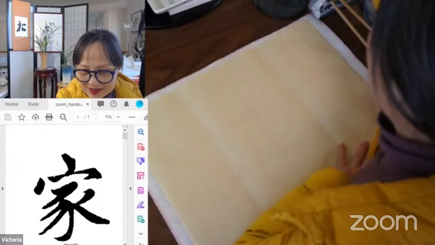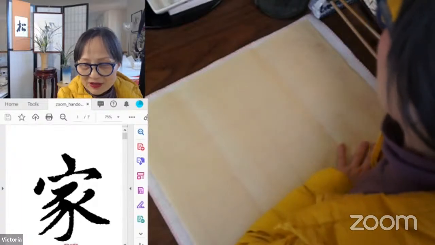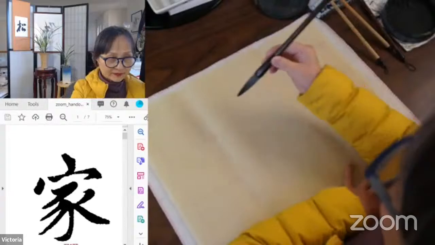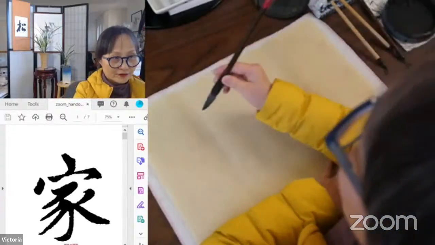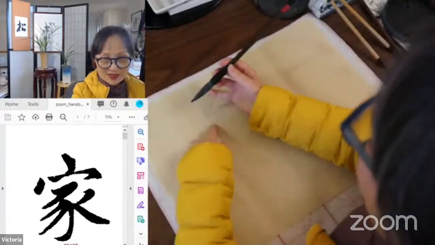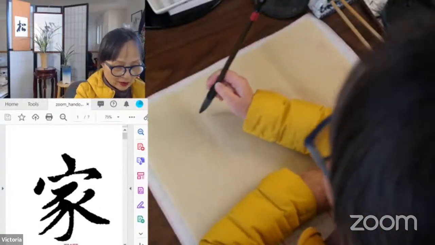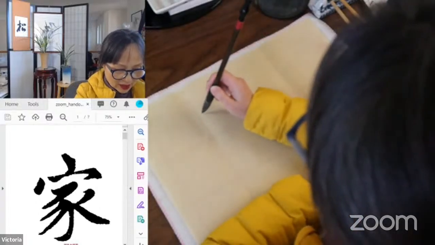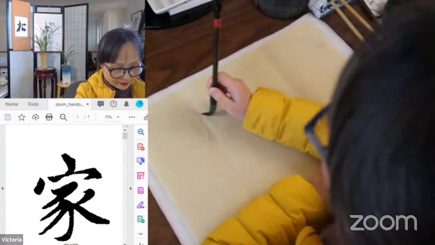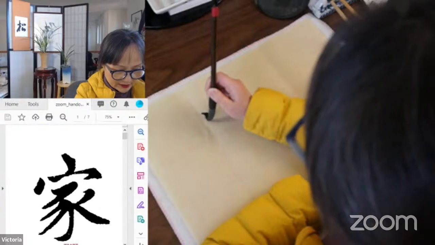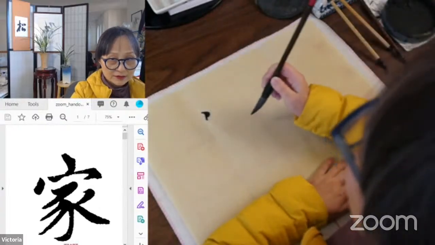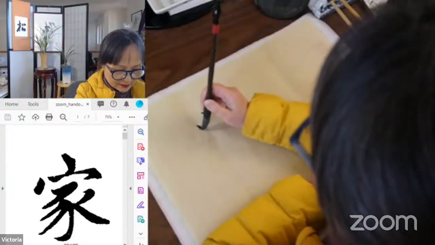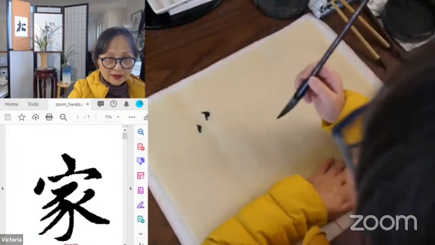So this has the same radical on the top. Did you recognize it, guys? Yeah, the roof. As we say, lots of Chinese characters share the same radical. Okay, so dot: press, and then gradually lift. Dot, and then a little vertical, but with some angle on the left.